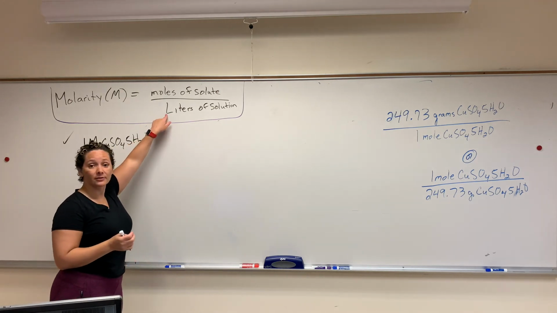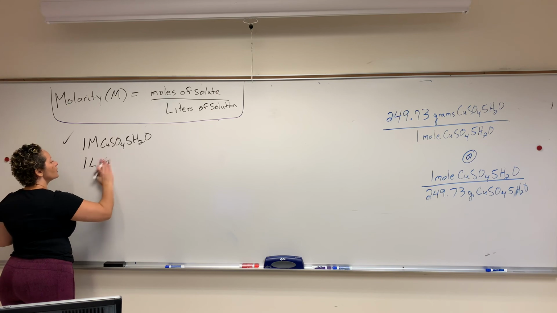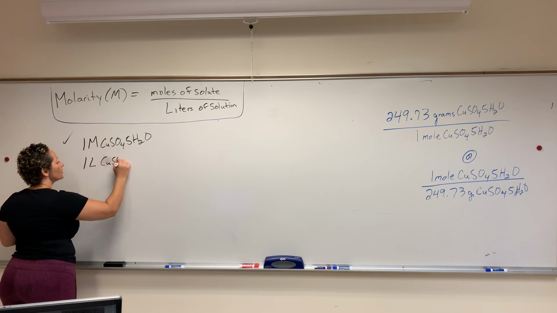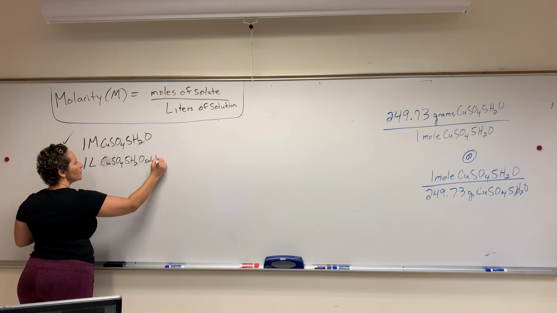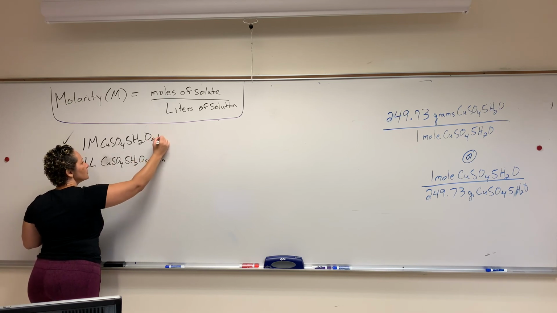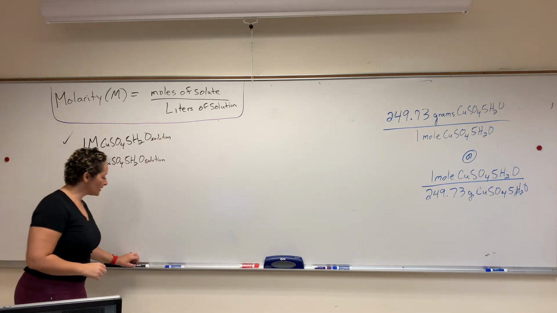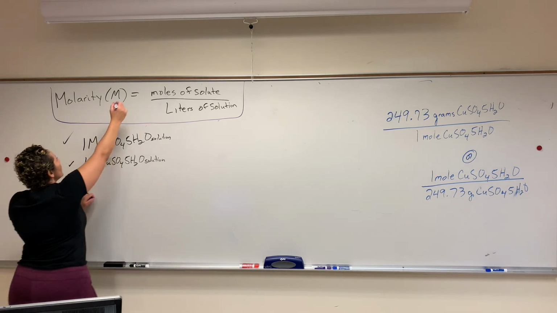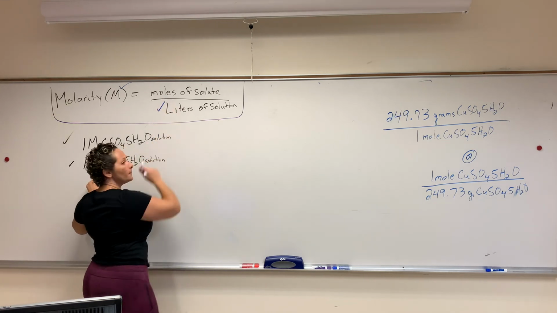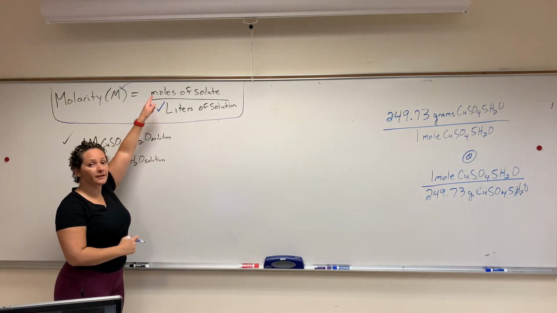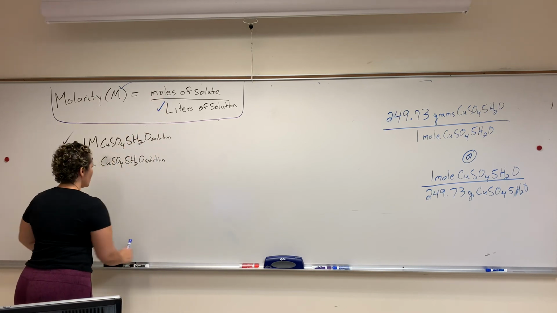Well, look at that, we have liters here. So I'm going to write this down: 1 liter CuSO4·5H2O solution. Boom, check. I have this, check, boom. I have this, check, boom. If I have 2 of the 3 variables, I can use these to figure out the third. So that's going to be our first thing. It's real easy.